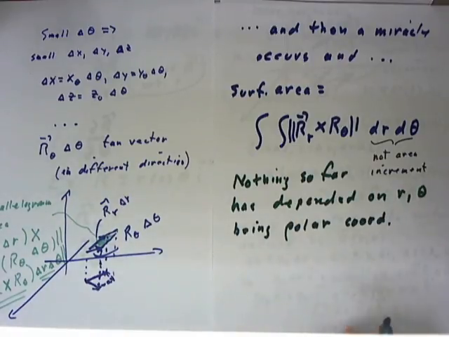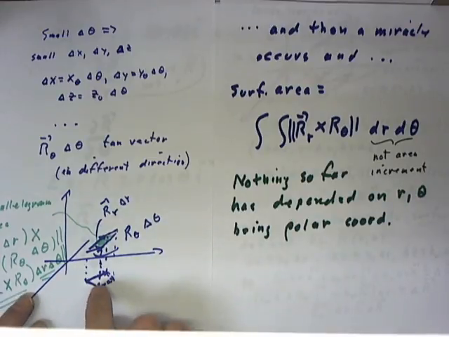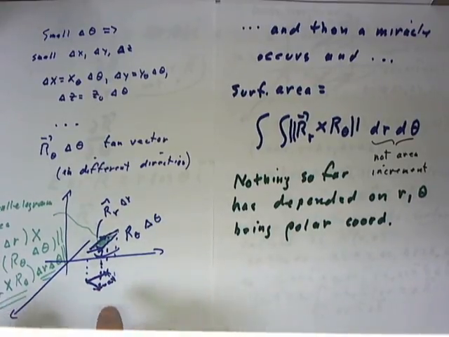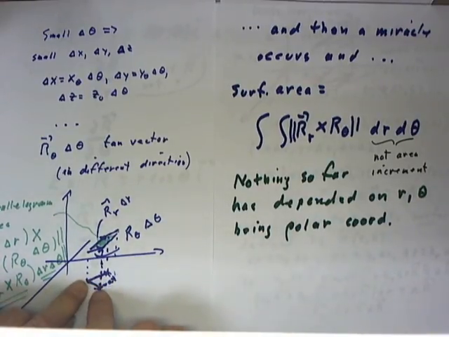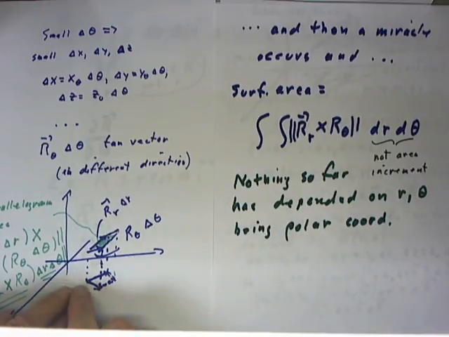We've never once mentioned any relationship that depends on these being polar coordinates. The only important quality of the relationship of r and theta is simply that the two vectors that we get in the xy plane, x sub r i plus y sub r j and x sub theta i plus y sub theta j, not be parallel.